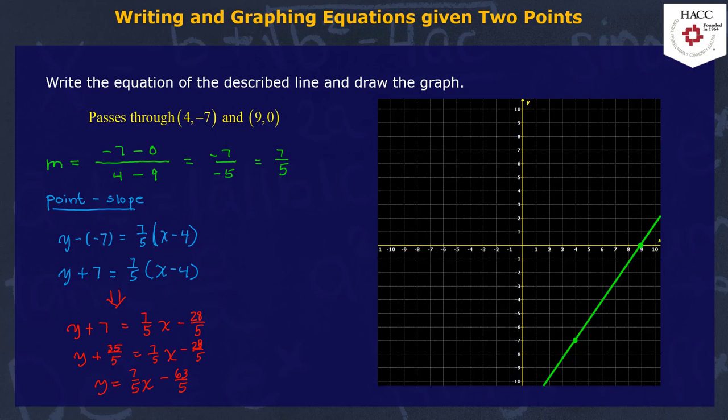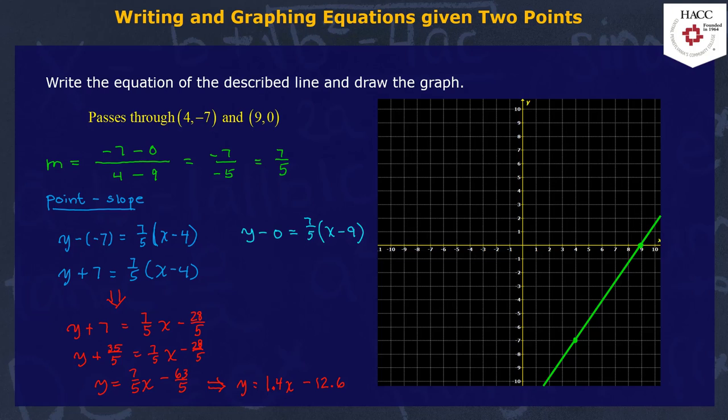I can kind of see it's heading in that direction, but even the way this graph is scaled, I would have a little bit of difficulty interpreting the y-intercept as that. Of course at this point, if you wanted to, you could also put this into a format of 1.4x minus 12.6 if you so desire. It wouldn't make it easier to graph or anything, but depending on what it's representing, decimals are fine.